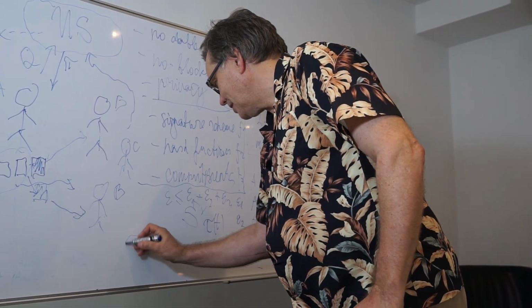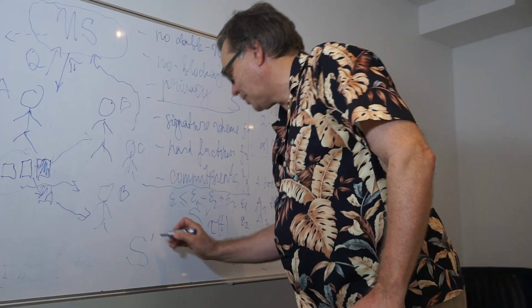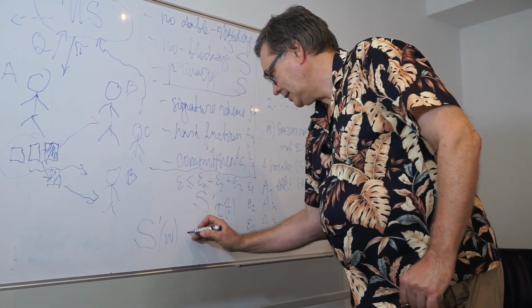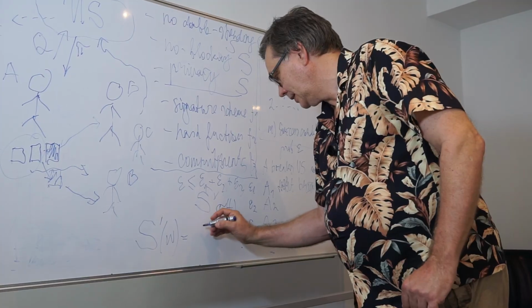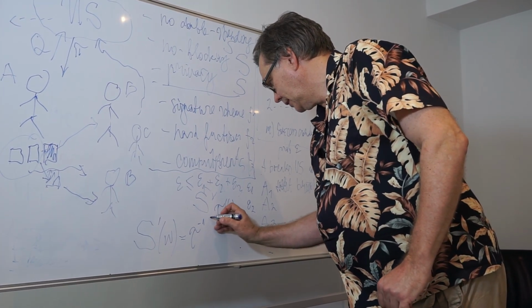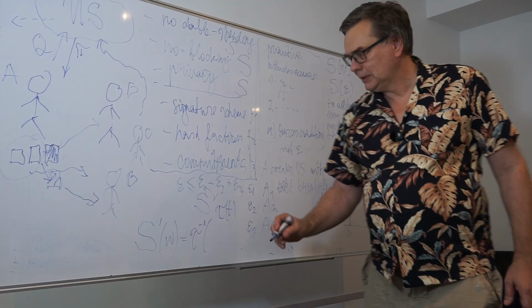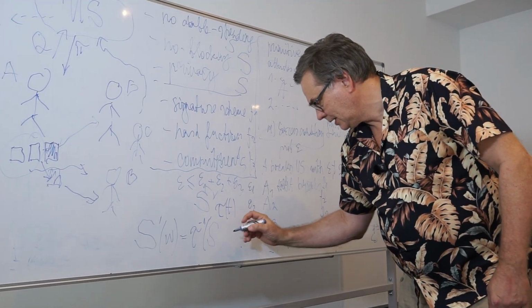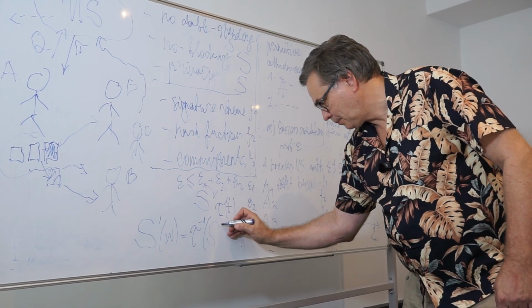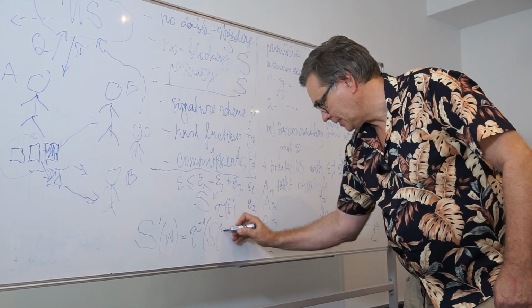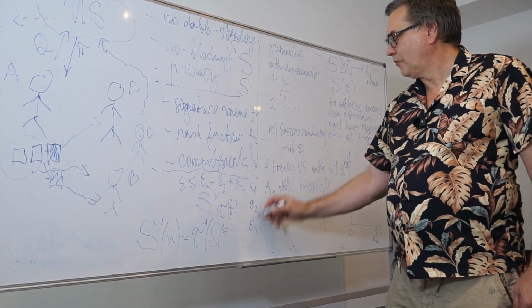It has a security profile S prime, and S prime is defined by the inverse function of tau, applied to the security profile of epsilon over 3, in our case, since we have 3 primitives.